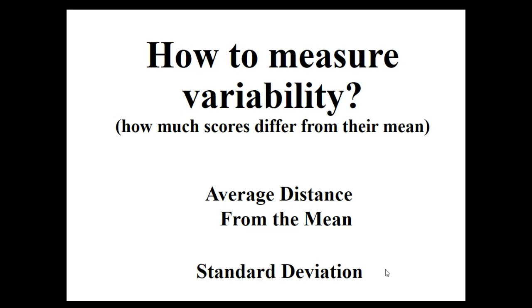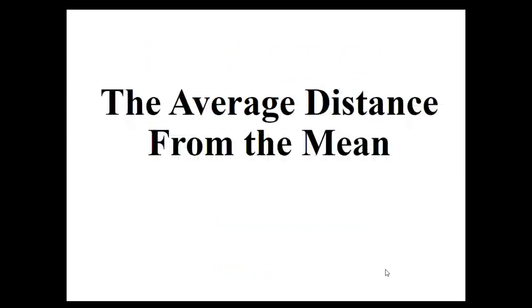In the same way, the average distance from the mean and the standard deviation are different from each other, but they both have a similar purpose. They both are trying to identify the variability in a group of scores. That is, how much the scores differ from their mean. So let's start with the average distance from the mean.